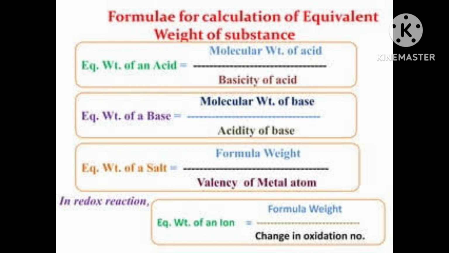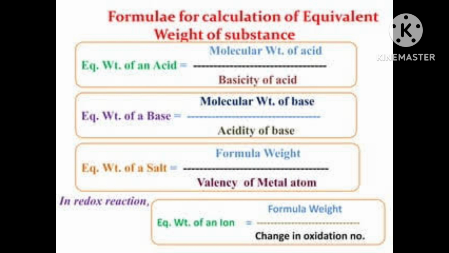In this case, for the equivalent weight of an oxidizing or reducing agent, you have to divide it by the number of electrons gained or lost by one molecule. Molecular weight of the substance divided by the number of electrons gained or lost by one molecule.